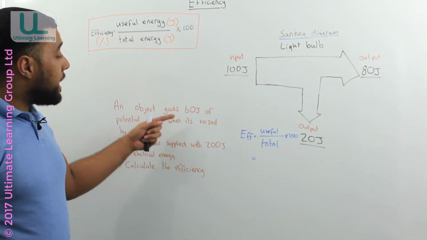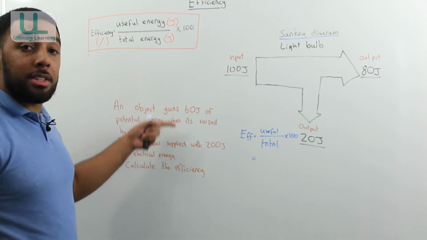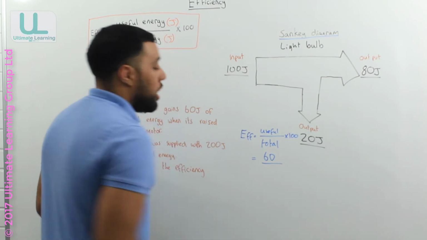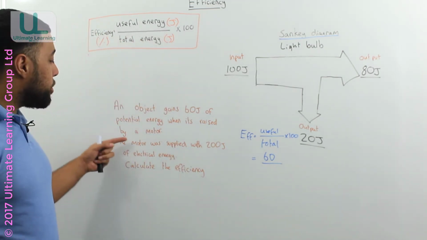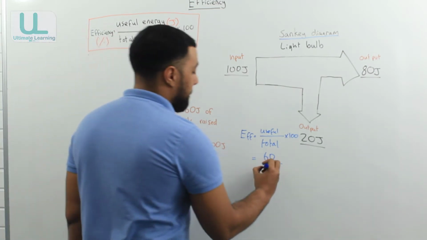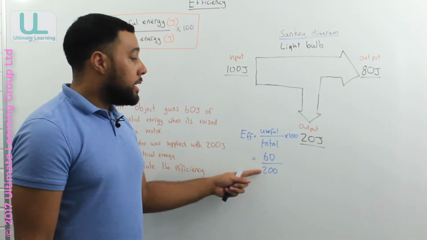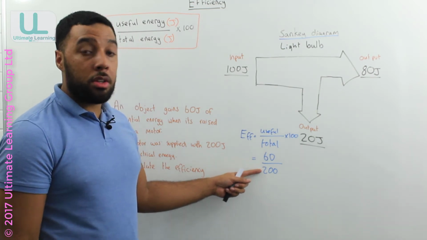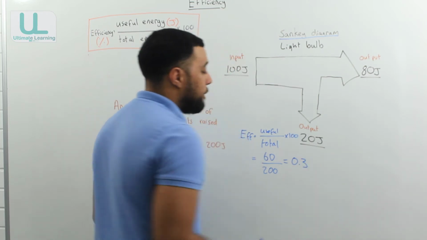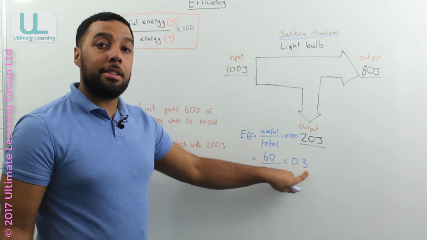Well, the useful energy here is 60 joules because I wanted my motor to lift this object. And the total energy that was put into this motor was 200 joules. So we would do 60 divided by 200, which would give us an efficiency of 0.3 as a decimal.